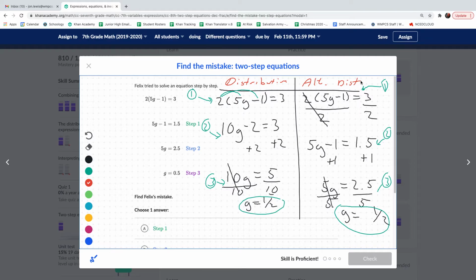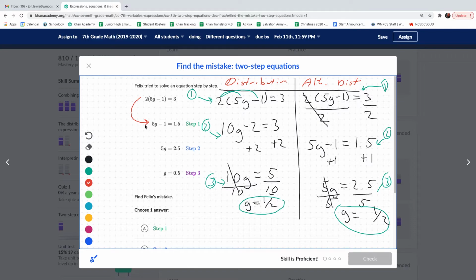Well, when we look at it, let's pay attention. All of a sudden we went from 2 times that to a 5G. That doesn't make sense, because if he was doing the distributive property, we know for a fact that he should have gotten 10G. So maybe in this particular problem, he's using the alternate.